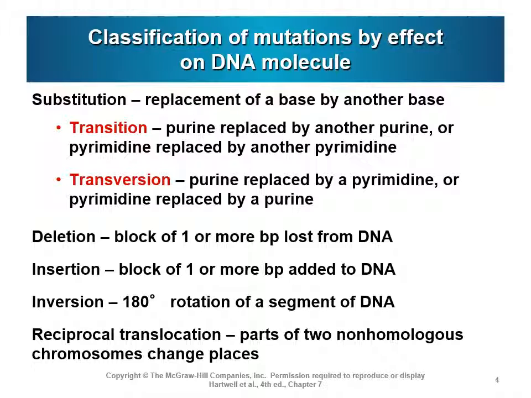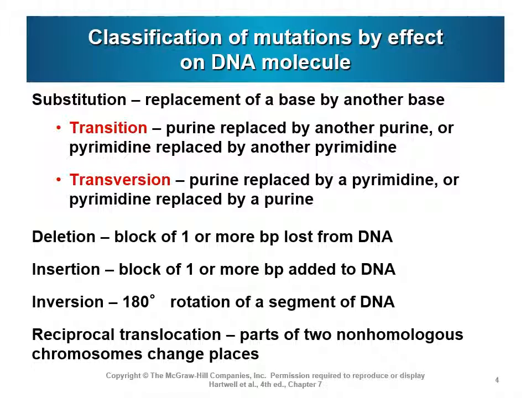So, substitution. Substitution is where a base of the DNA sequence is substituted or replaced by another base. There are 2 types of substitutions. One is called transition and another is called transversion.